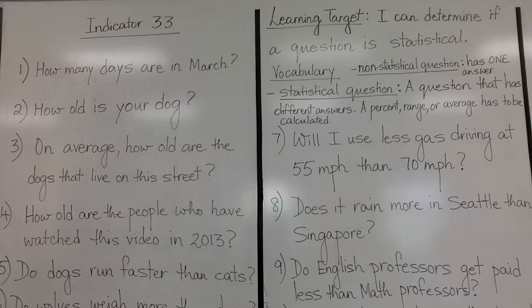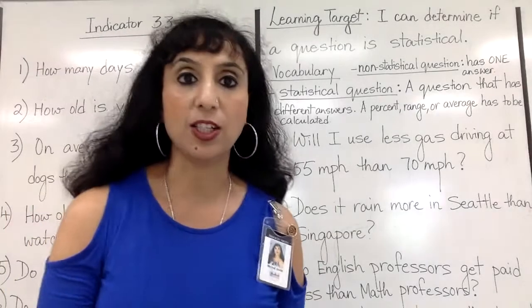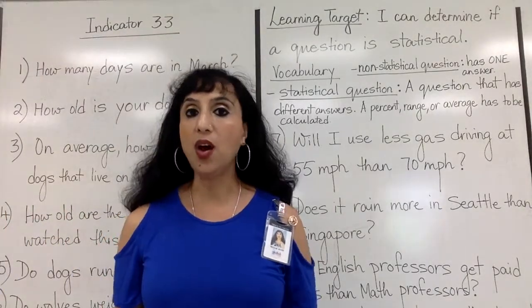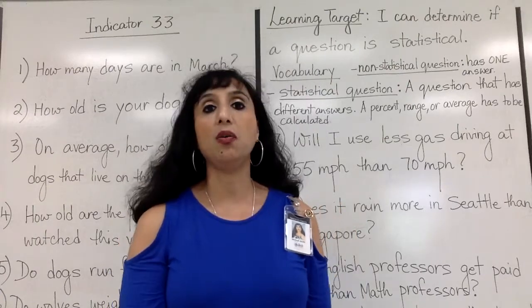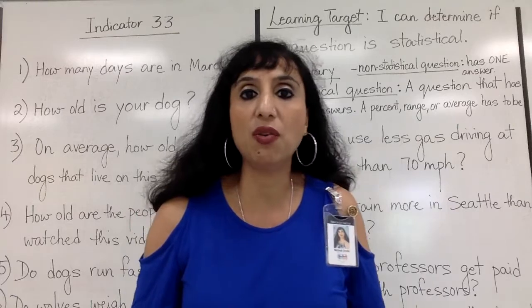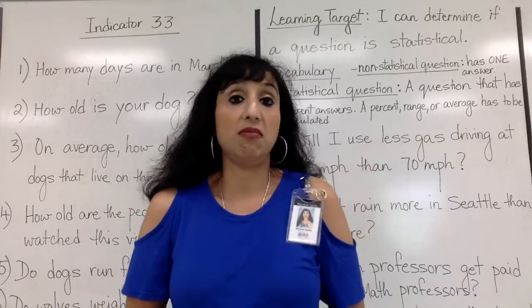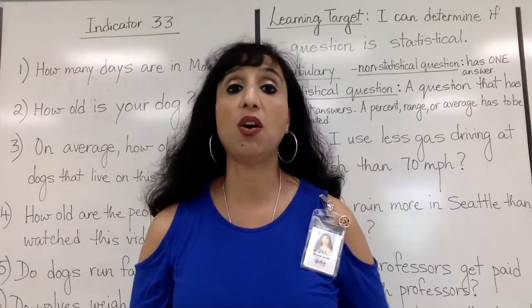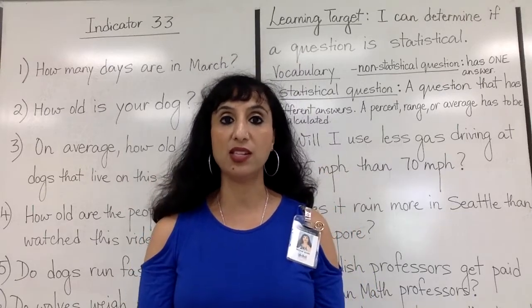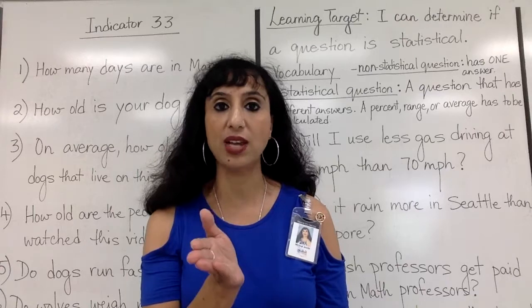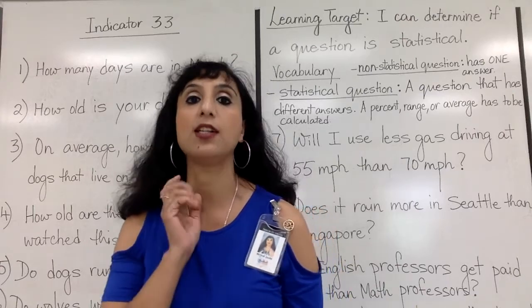That is definitely non-statistical. We know that March has 31 days. So there's one straight-up answer. We don't need data collected or averages made and things like that. Every March has the same number of days, so there is just one answer to that. That is a non-statistical question.